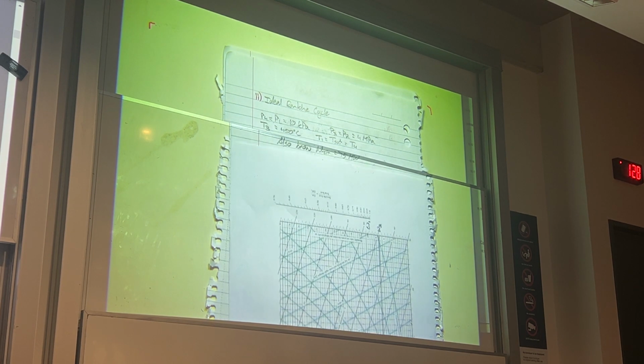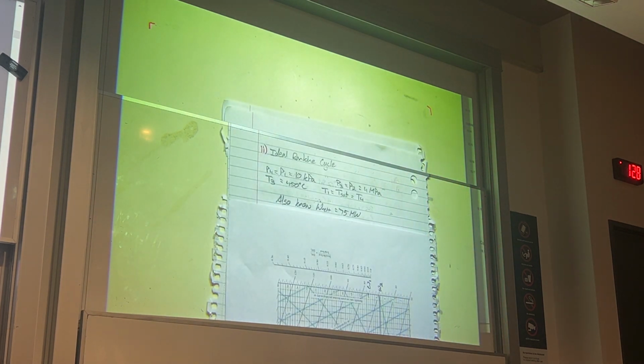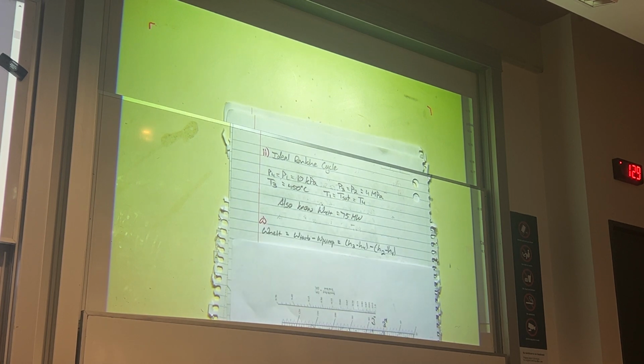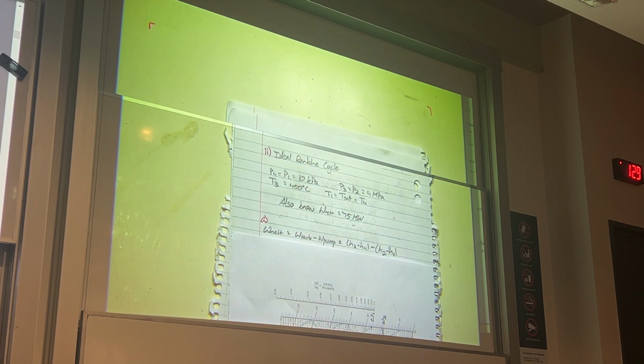We should also know that the actual work coming out of our turbine is 75. If the whole cycle's producing 375 megawatts and the gas turbine produces 300, our steam should produce 75 megawatts. So our net work is the work through our turbine, minus the work through our pump.